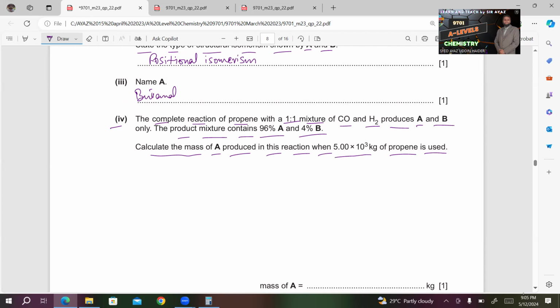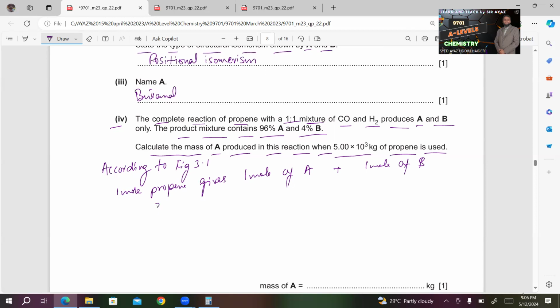So according to figure 3.1, 1 mole propene gives 1 mole of A plus 1 mole of B. So what about the molecular formula of propene?